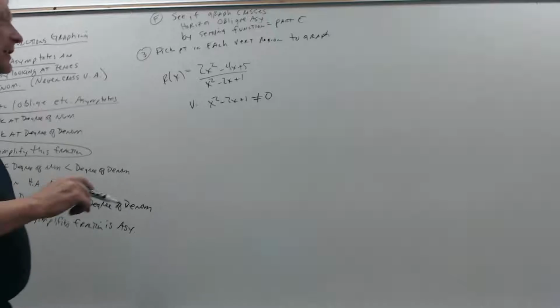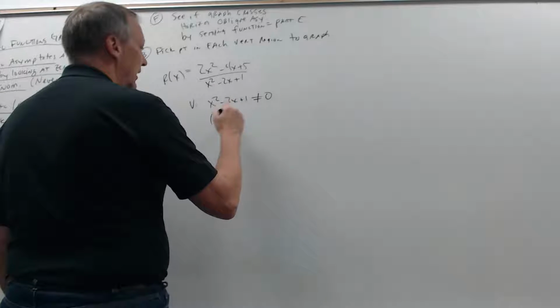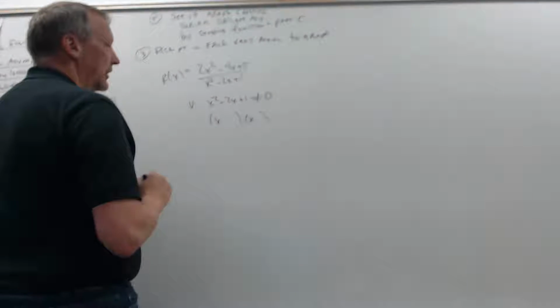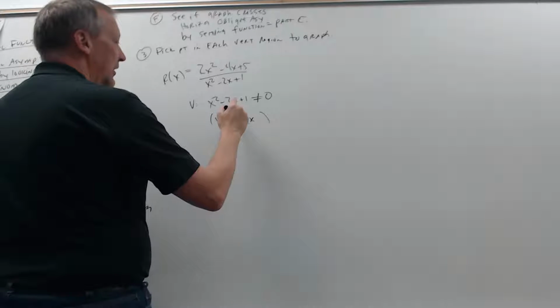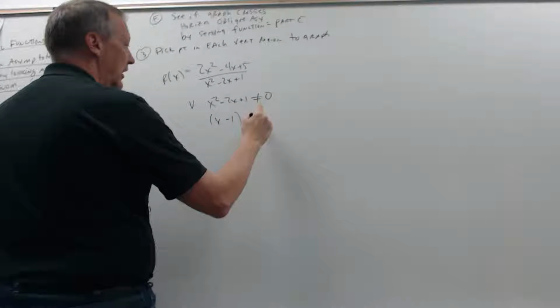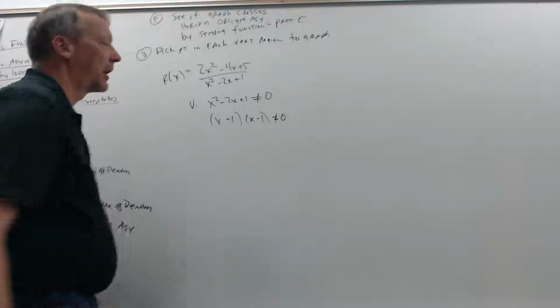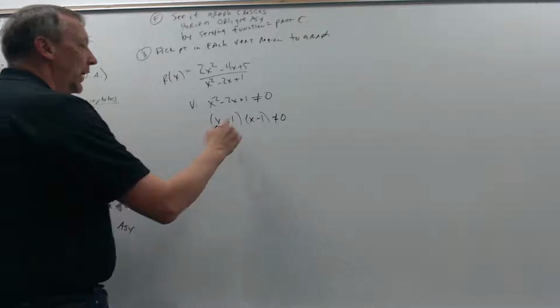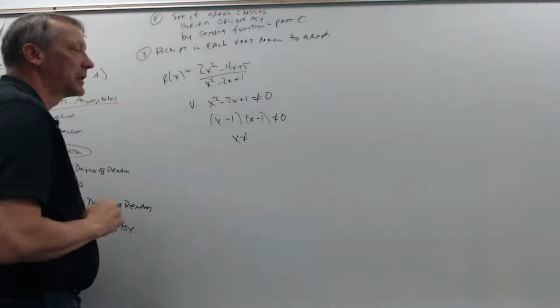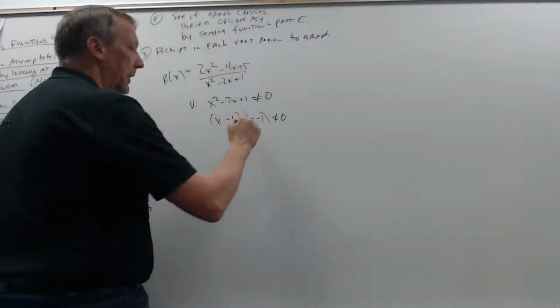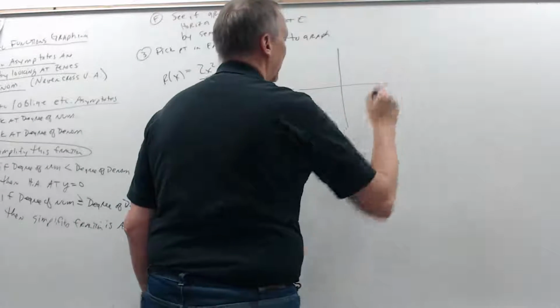So you have x in both of the parentheses, and then it would be -1 on both. Cannot equal 0. So therefore, x cannot equal 1, and that's a multiplicity of 2, right?